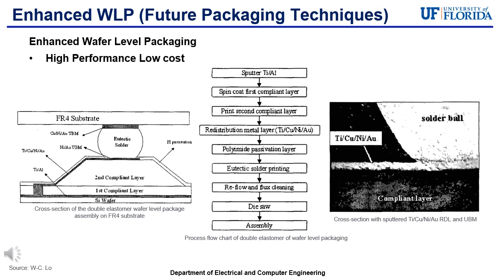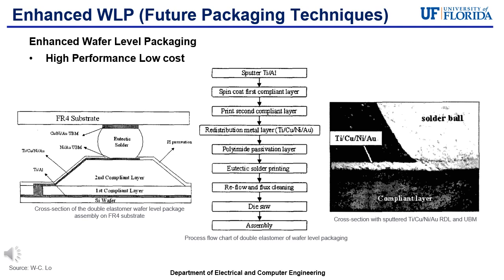The middle figure summarizes the process flow of manufacturing this wafer-level packaging. The process first begins with the sputtering of titanium aluminum, followed by a spin coat of the first compliant elastomer layer.